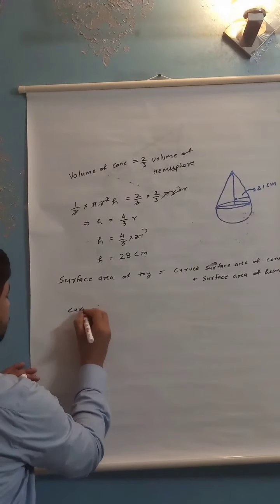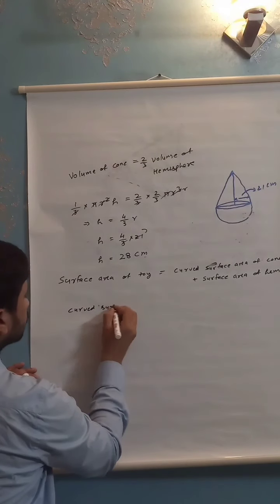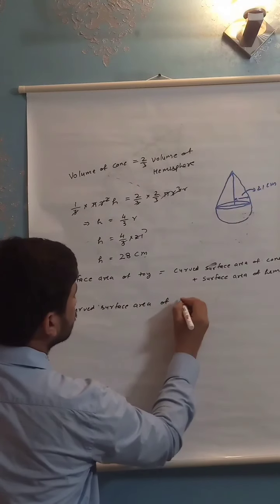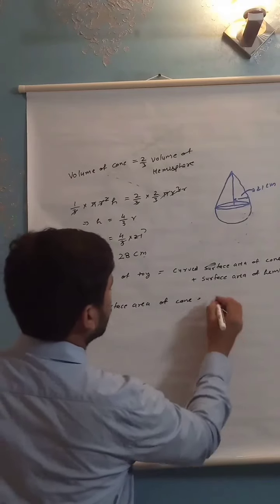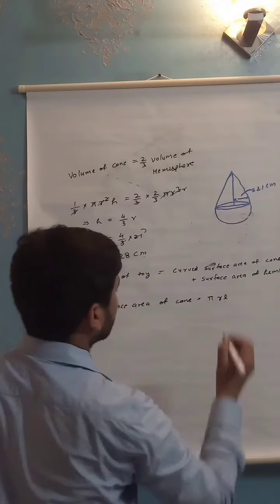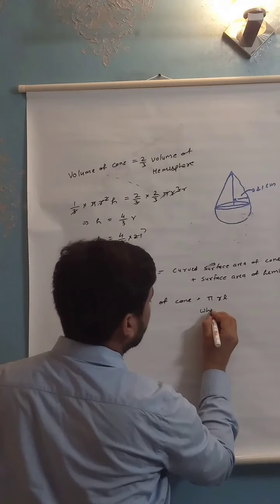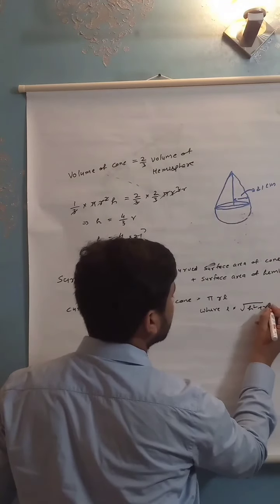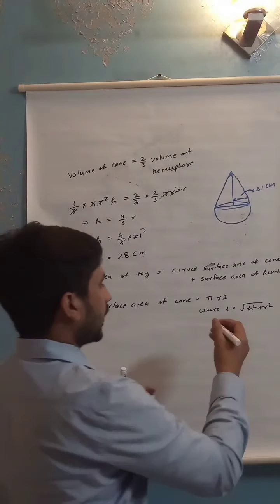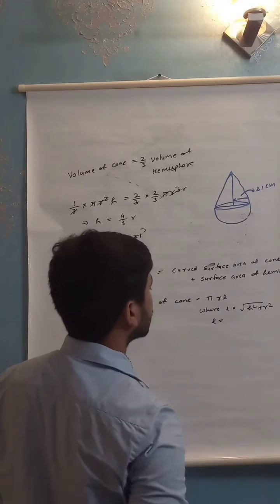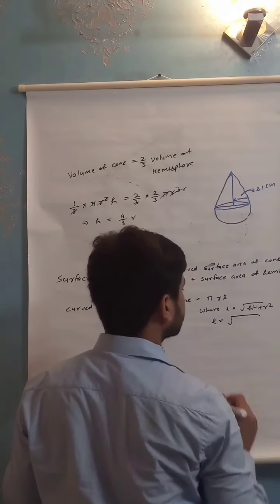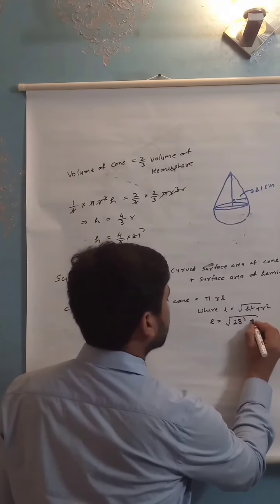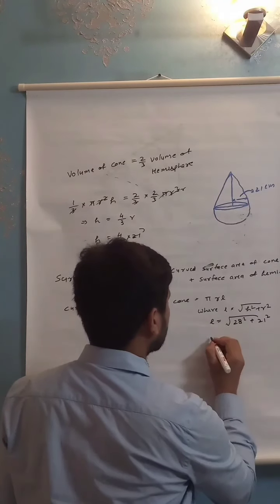Curved surface area equal to pi r L, where L equal to under root h square plus r square. Now L equal to under root 28 square plus 21 square.